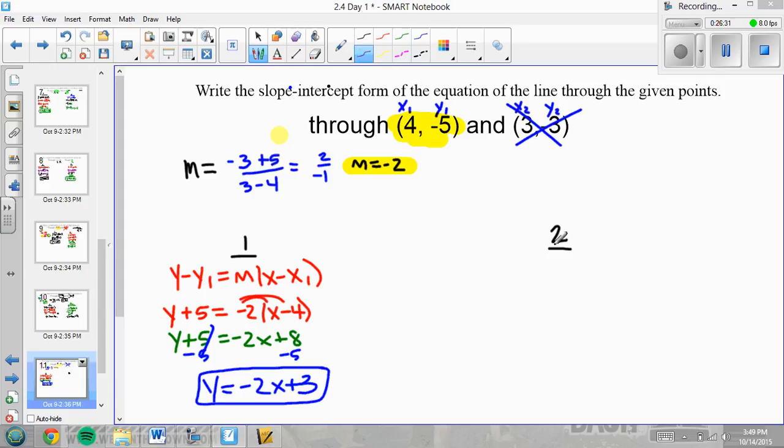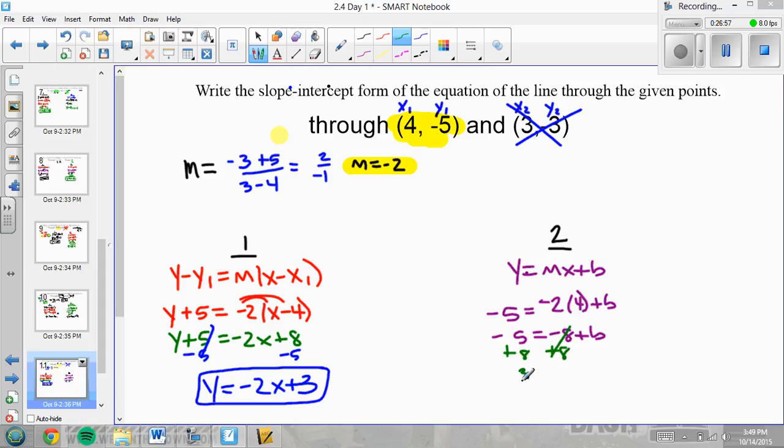Okay, if you chose the second method, that's using our slope-intercept form. We know y is negative 5. M, our slope, is negative 2. And x is 4. So I have negative 5 equals negative 8 plus b. And to get rid of a negative 8, we want to add.